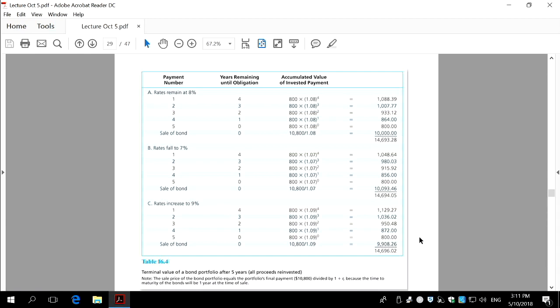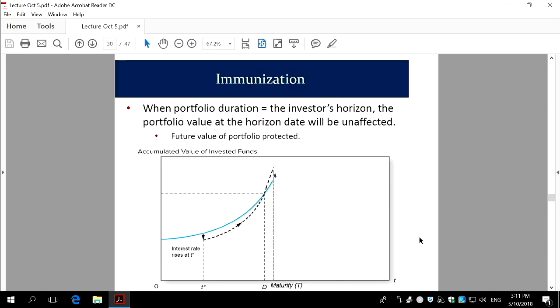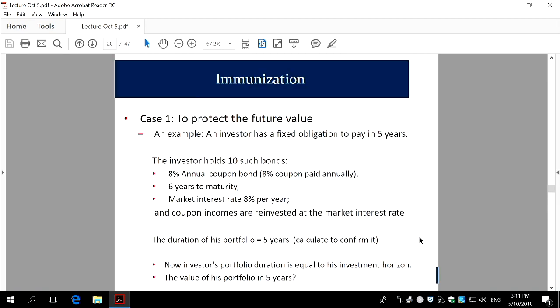So what does this numerical example tell us? If your portfolio duration is equal to your investment horizon, in this example, your investment horizon is 5 years, right?